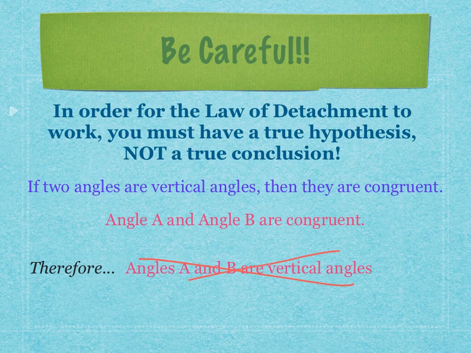That's not a valid conclusion. So again, this sentence is saying anytime you have vertical angles, they have to be congruent. But that doesn't mean that all congruent angles have to be vertical angles. You can't go the other direction. You can't go against the arrow with the law of detachment.